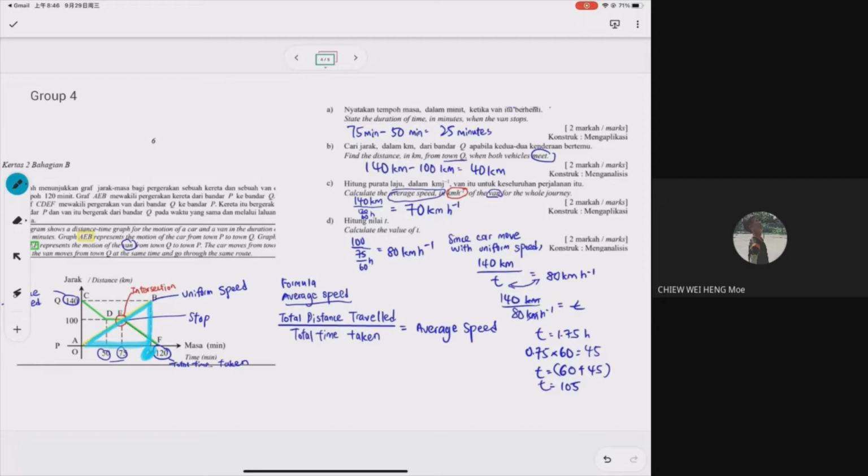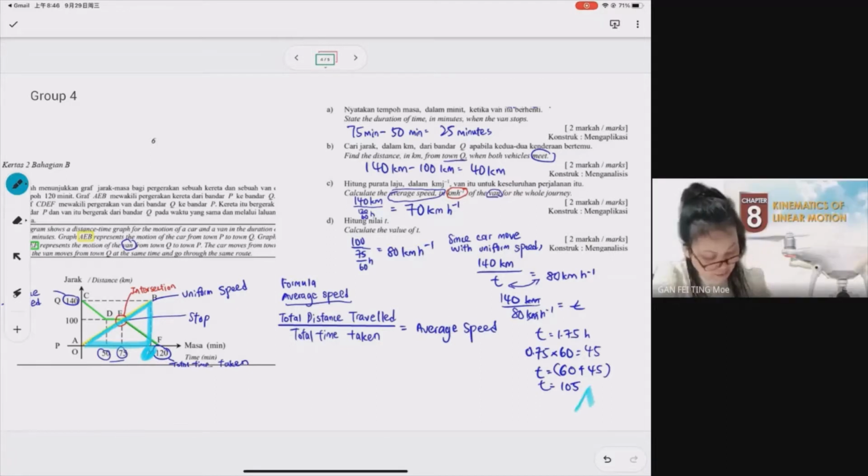Since the car moves with uniform speed, we use total distance travelled, which is 140 km, divided by T minutes, the total time taken, equals 80 km per hour. And we get T is 1.75 hours. After converting into minutes, the value of T is 105. Okay, so you need to have your minutes.